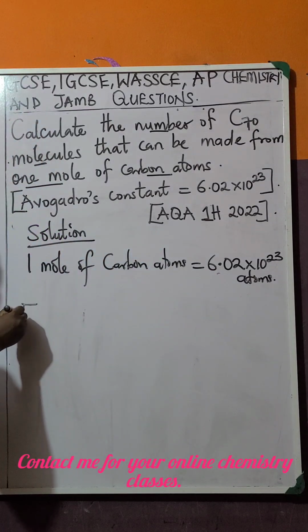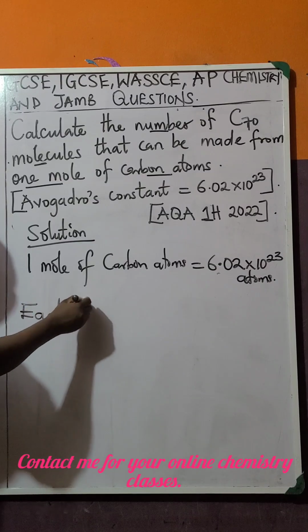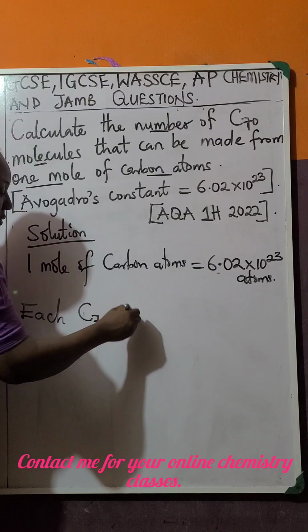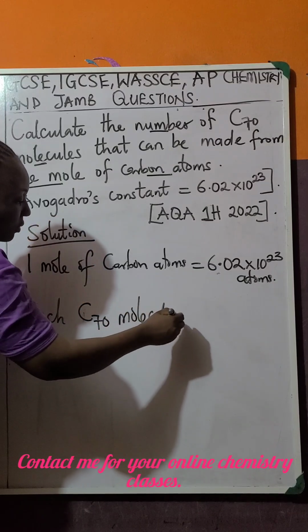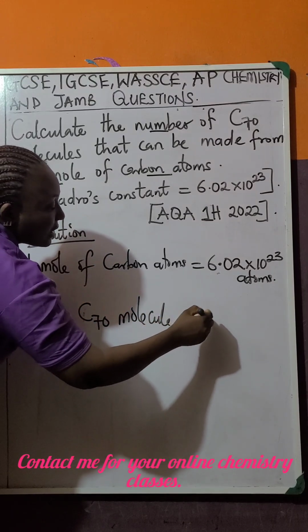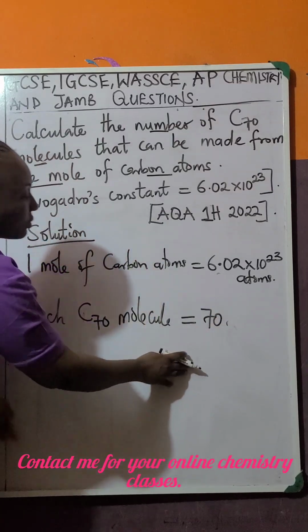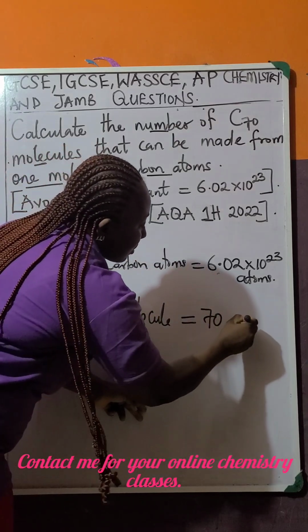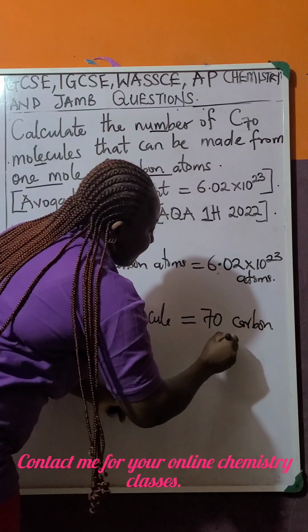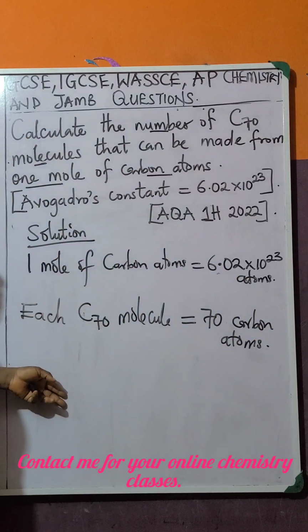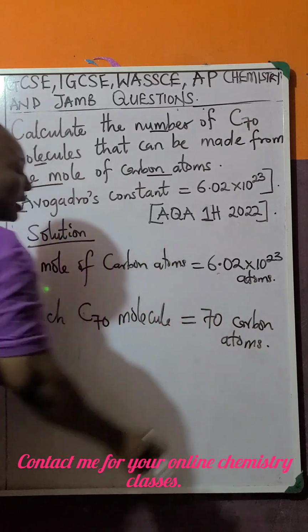So we say that each C70 molecule contains 70 carbon atoms.